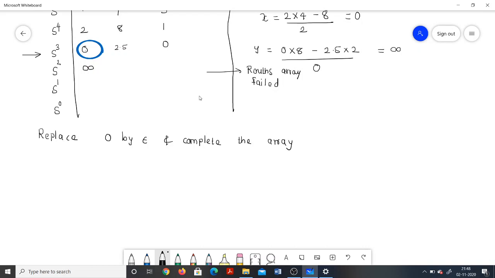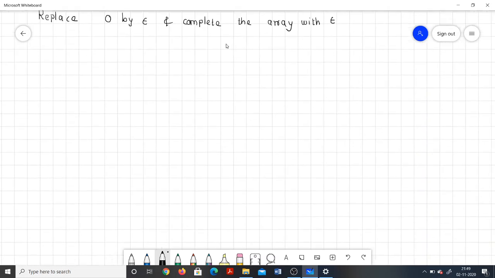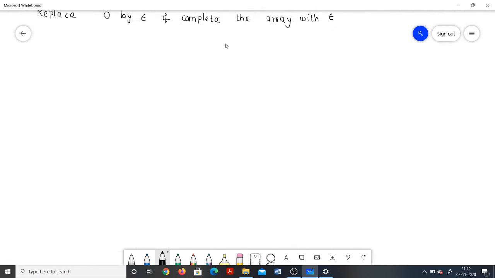So what we're going to get is here: it starts with s raised to 5 as we have seen, then s raised to 4, then s raised to 3, then s raised to 2, then s raised to 1, and the last one will be s raised to 0.